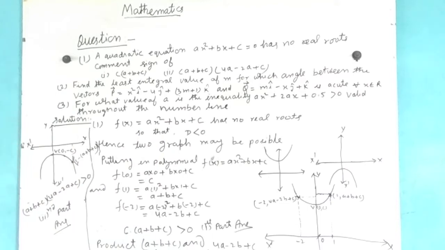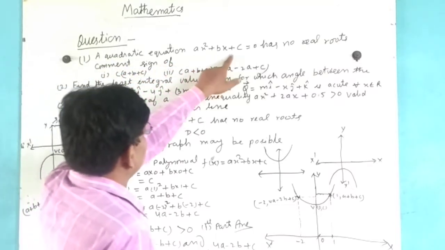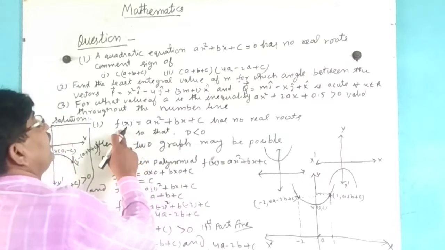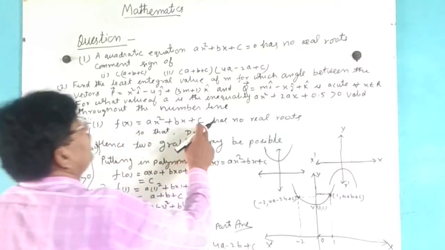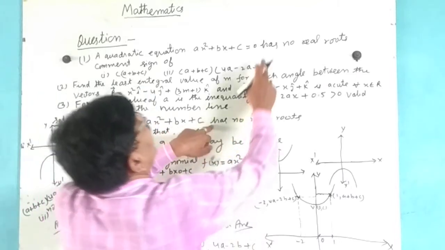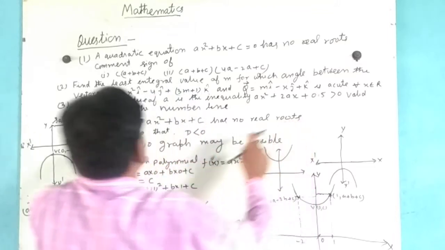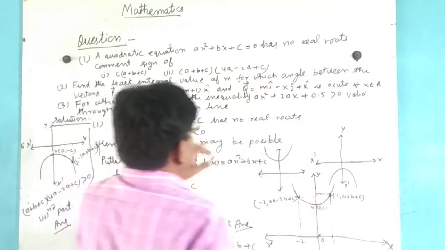Now, first of all, we take the first question. A quadratic equation ax² + bx + c = 0. Let us suppose that f(x) = ax² + bx + c has no real roots. It means that D < 0.